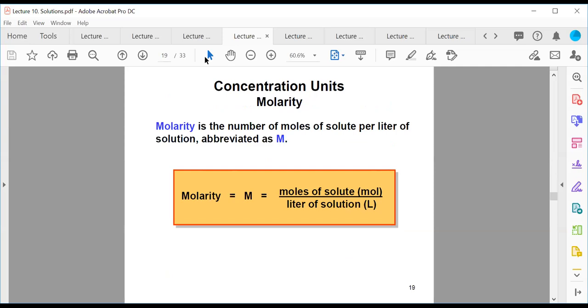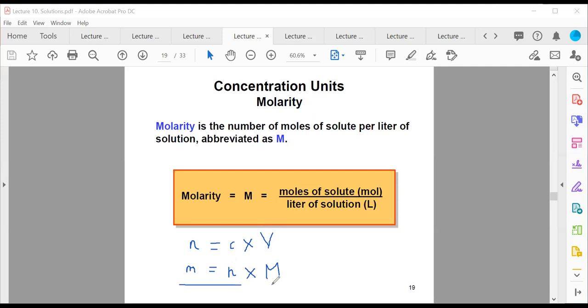In other words, remember n equals C times V. Remember our molarity formula. And sometimes in order to calculate that, you need our molar mass formula.